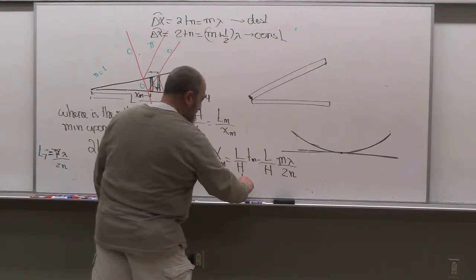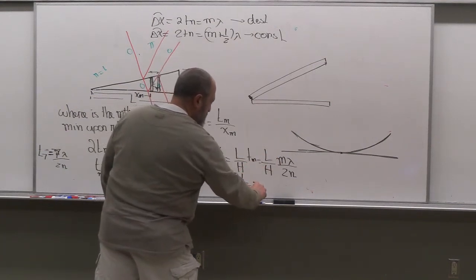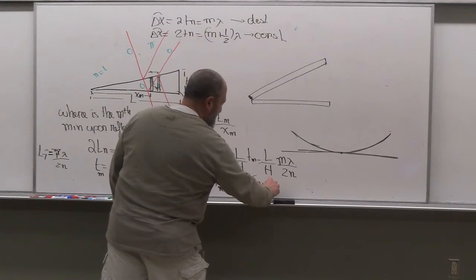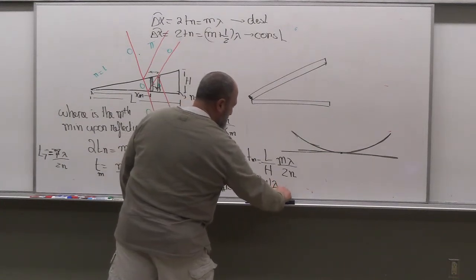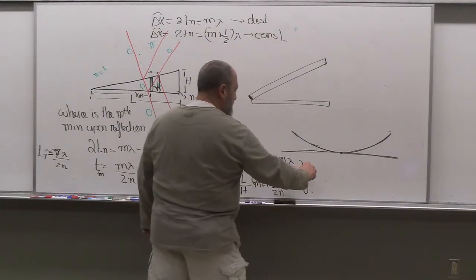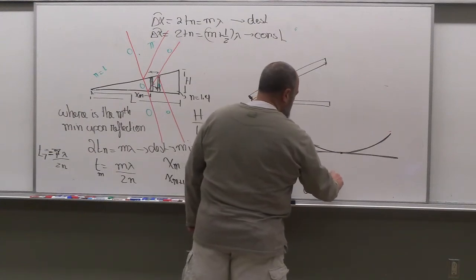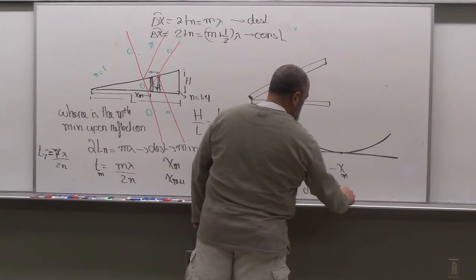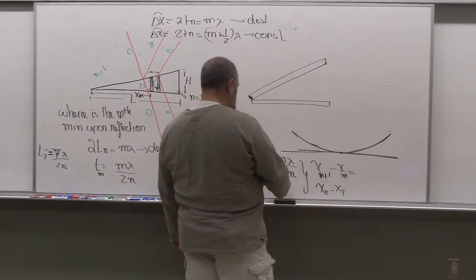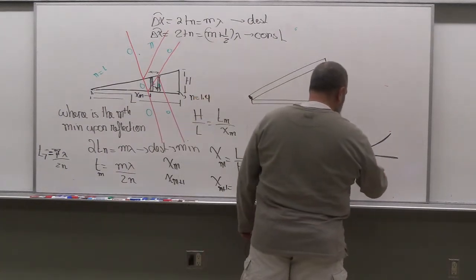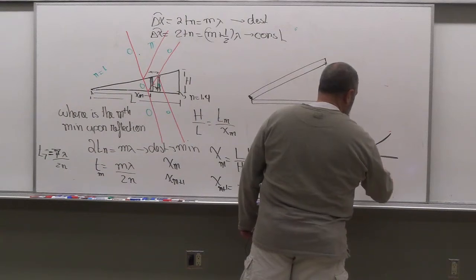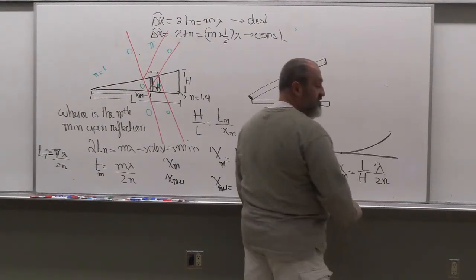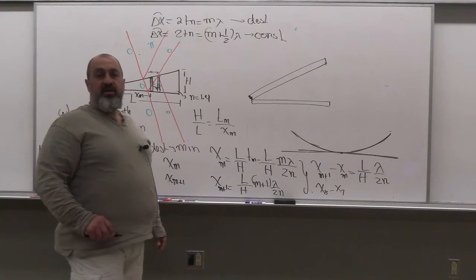T sub m plus 1 times L over h is (m plus 1) lambda over 2n, and the distance between them, x sub m plus 1 minus x sub m, like what I know, x8 minus x7. Do it with numbers if you like. It is going to be equal to L over h times lambda over 2n, and we call this the interfringe distance.